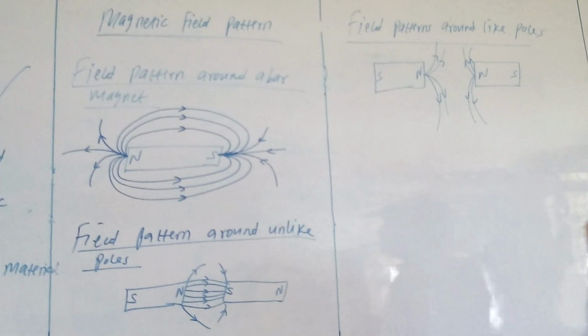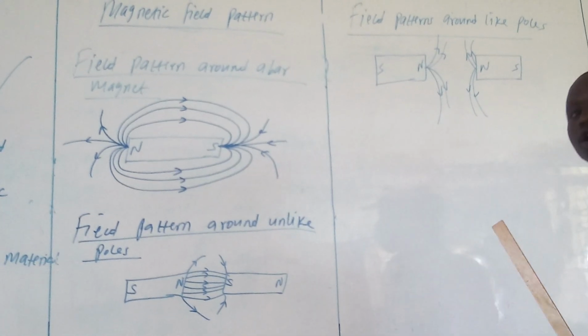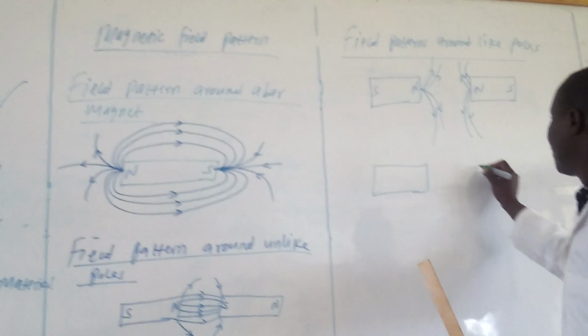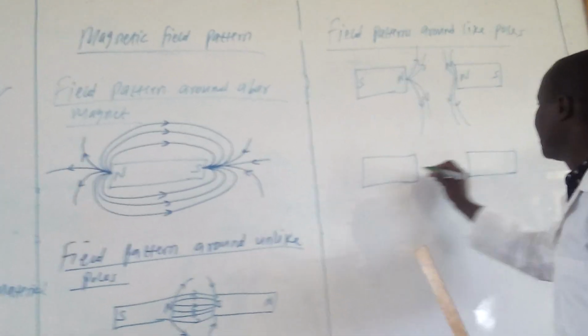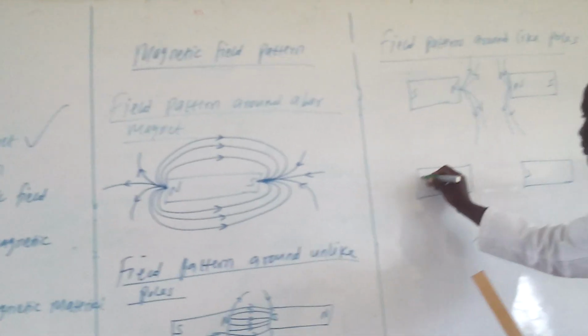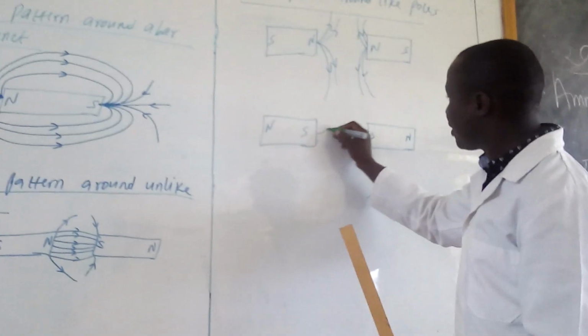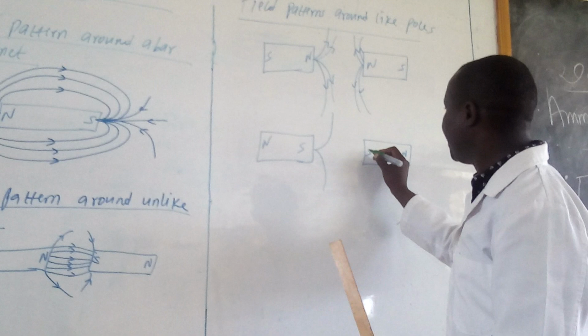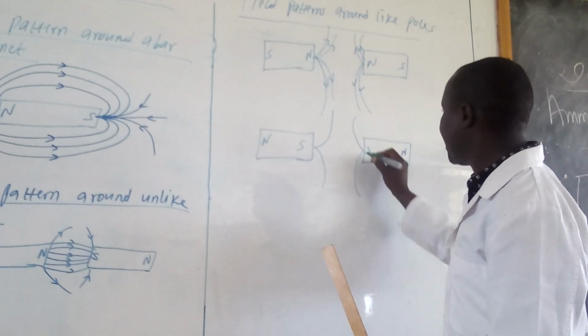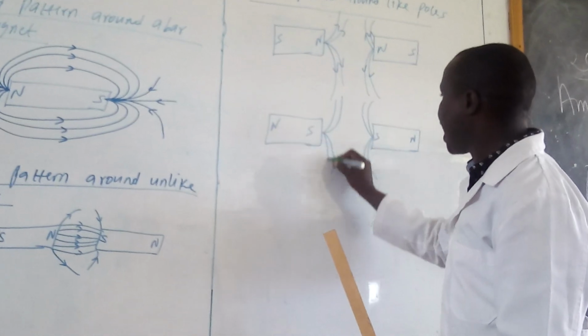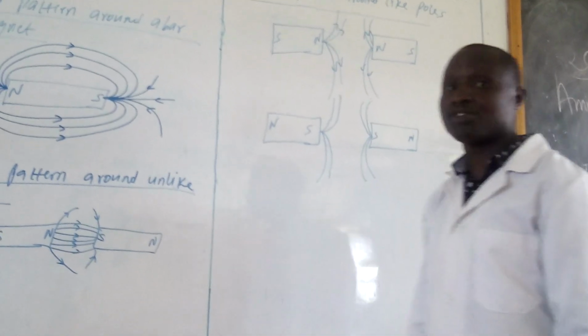What if we have the south pole and south pole at the same point? Let's say we have this one to be south pole and also this one to be south pole. There will also be a repulsion. You will find they will be repelling each other. Why? Because they are like poles. But you should check the arrows here.